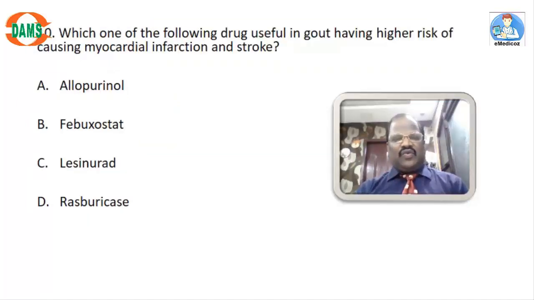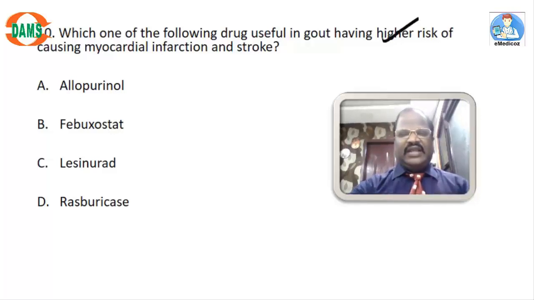Which one of the following drugs useful in gout has a high risk of causing myocardial infarction and stroke? The options given are allopurinol, febuxostat, lesinurad, and rasburicase. So all four option drugs are useful for treatment of gout. But the question is, which is the drug useful in gout having a high risk of causing MI and stroke?